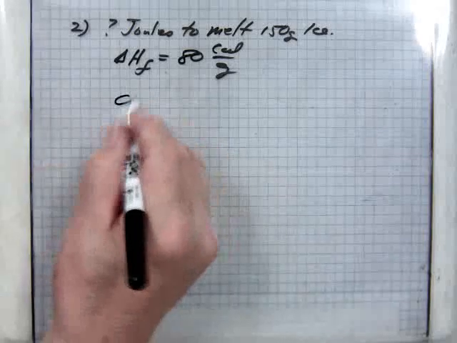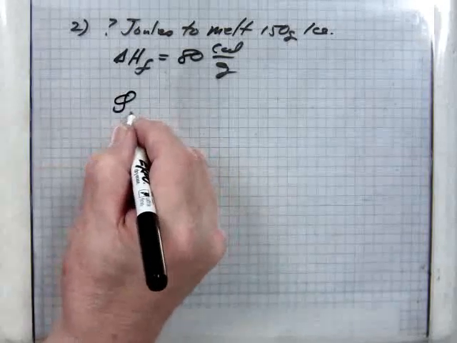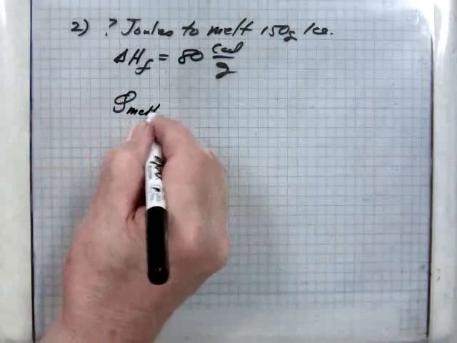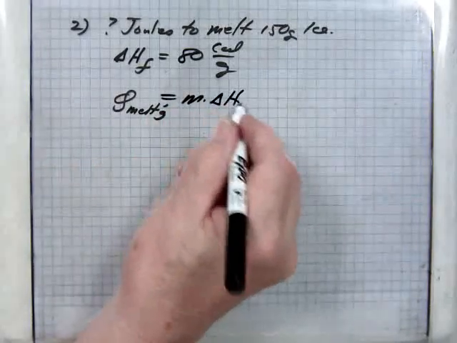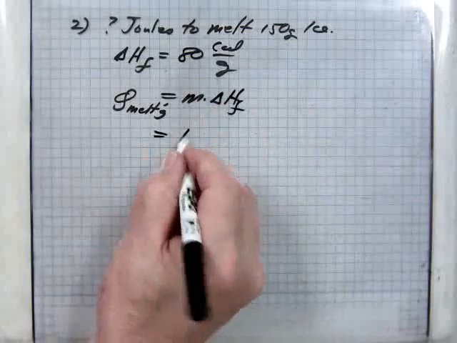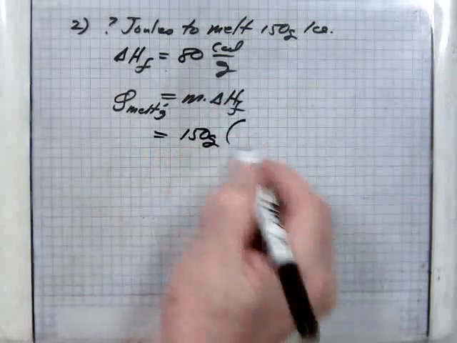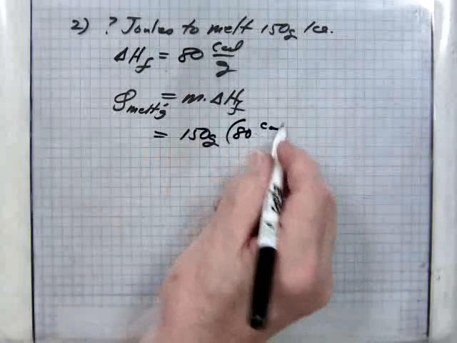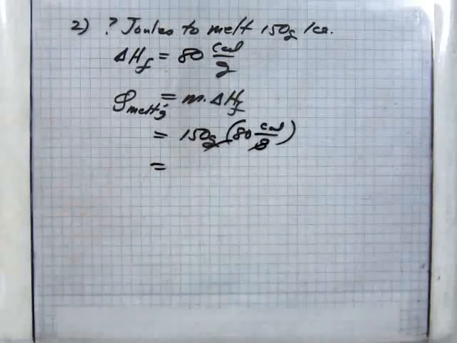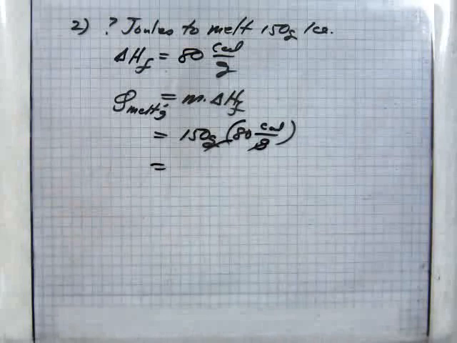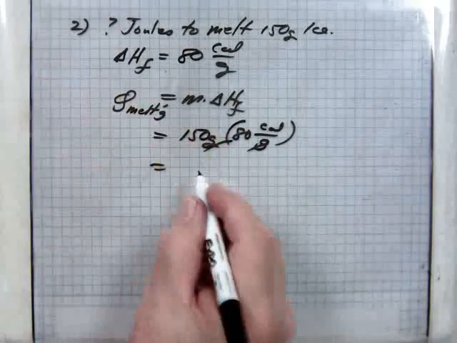So we use the Q for the melting, mass times the heat of fusion, and that's 150 grams of ice times 80 calories per gram. 12,000 calories.